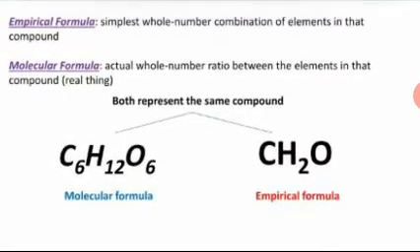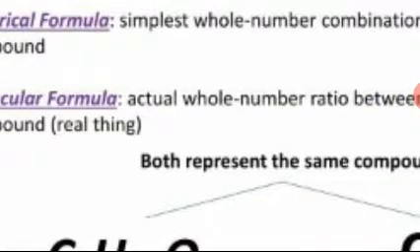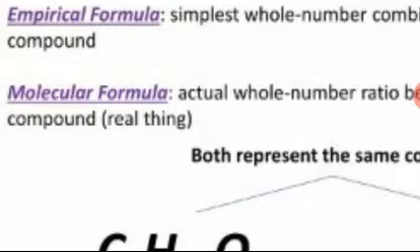Okay, and there is also the definition of molecular formula. Molecular formula expresses the actual whole number ratio between the elements in that compound. Real thing. This is actually the real thing.